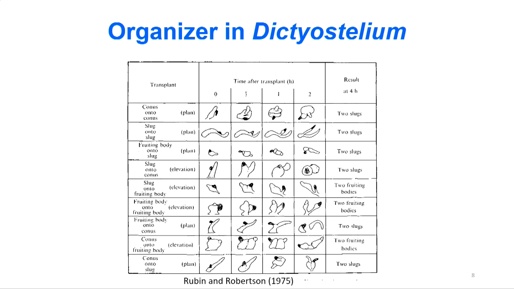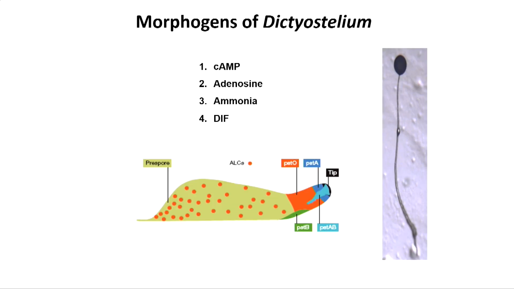At various sites this transplantation was done, and in all cases there were two slugs emerging from a single slug. So even though organizers were originally discovered in vertebrates, functionally equivalent organizers were also identified in Dictyostelium.